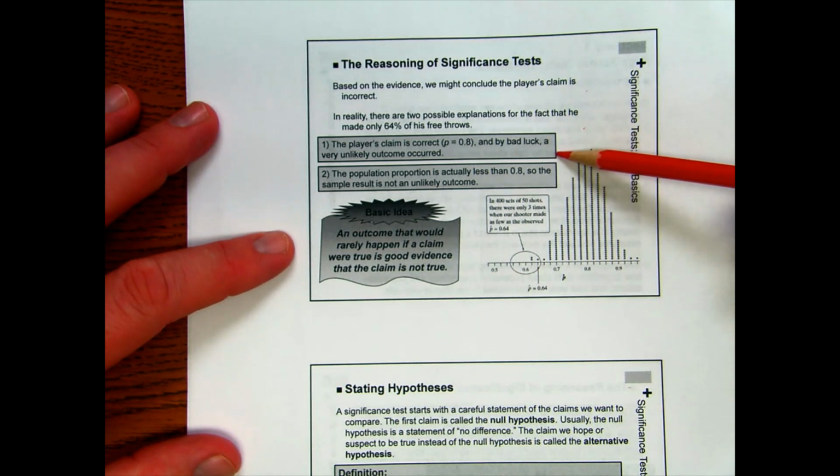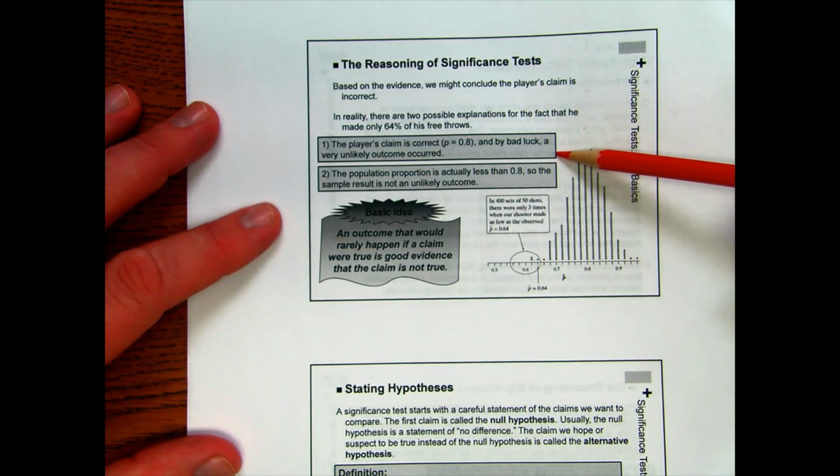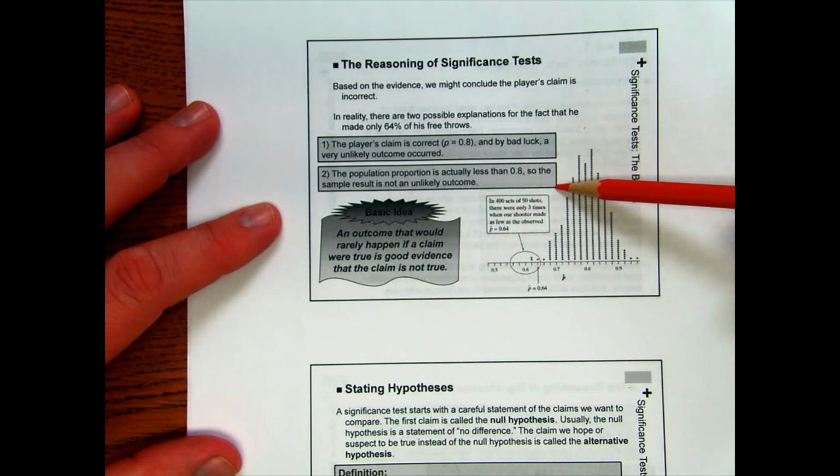One, the player's claim is correct. He really is an 80% free throw shooter, and by bad luck, a very unlikely outcome occurred. Or two, the population proportion is actually less than 0.8, so the sample result is not an unlikely outcome.